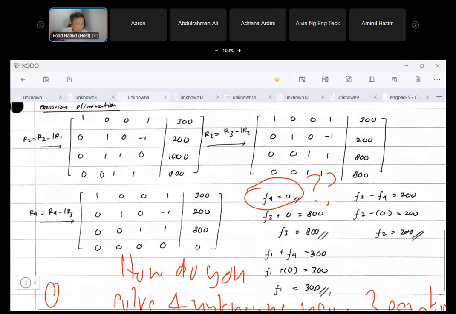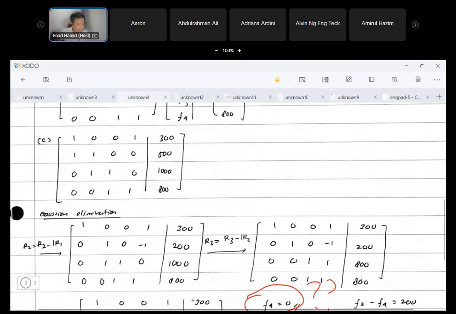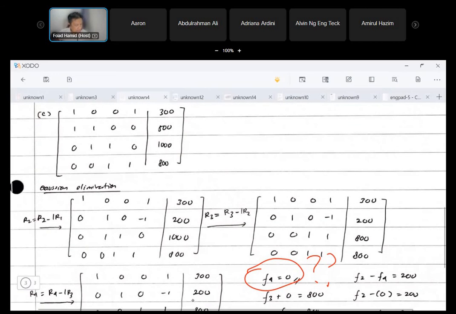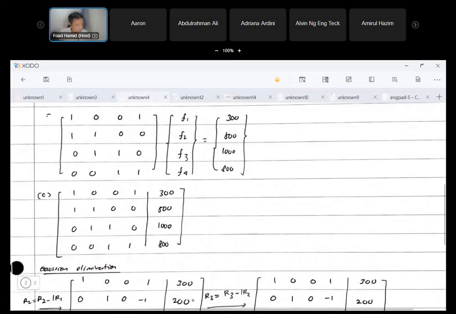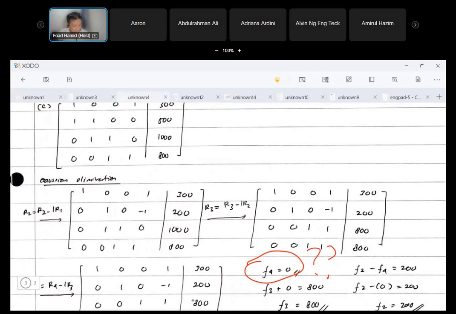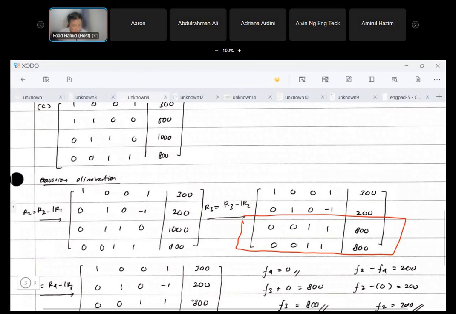And note, if you do the elimination here, after the second iteration, what you get here is this. Note these are the same, right? Which is telling us that equation number 3 and equation number 4 are the same equation.